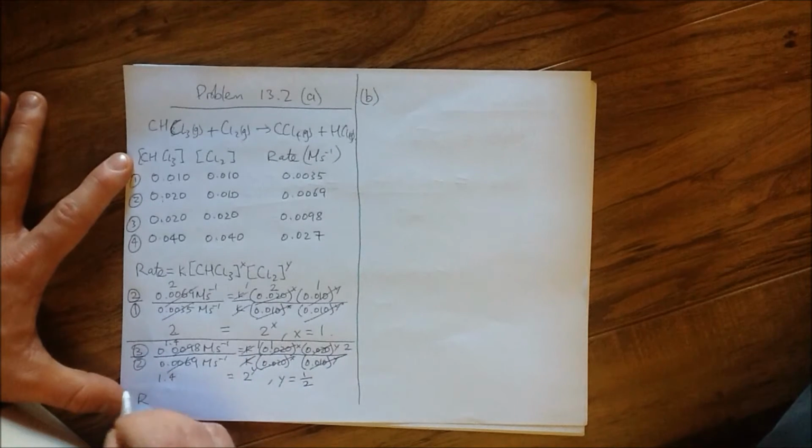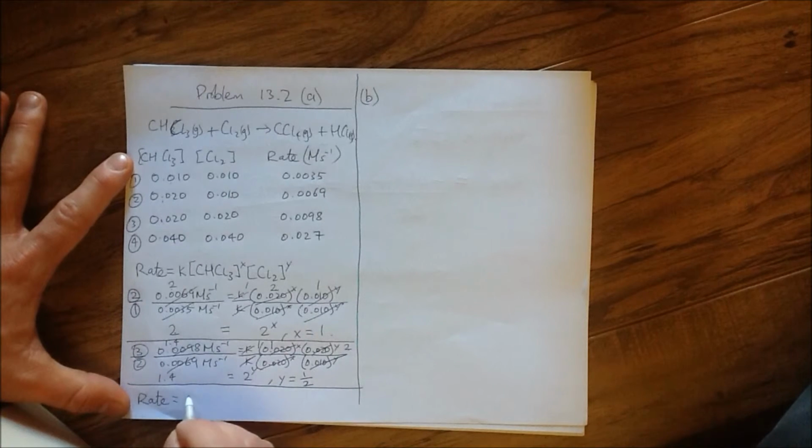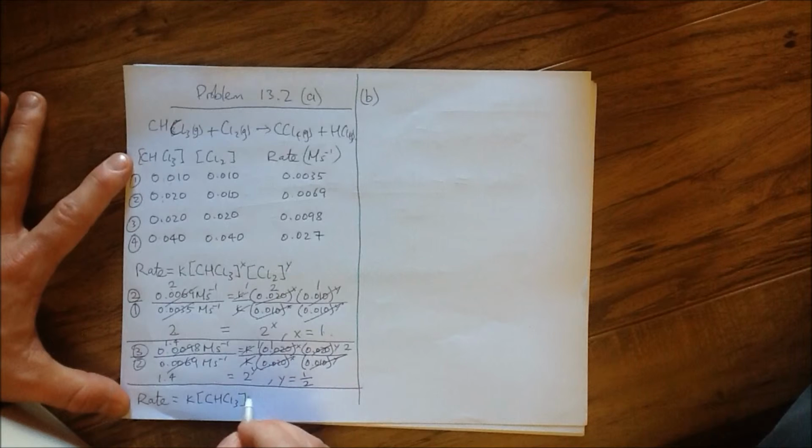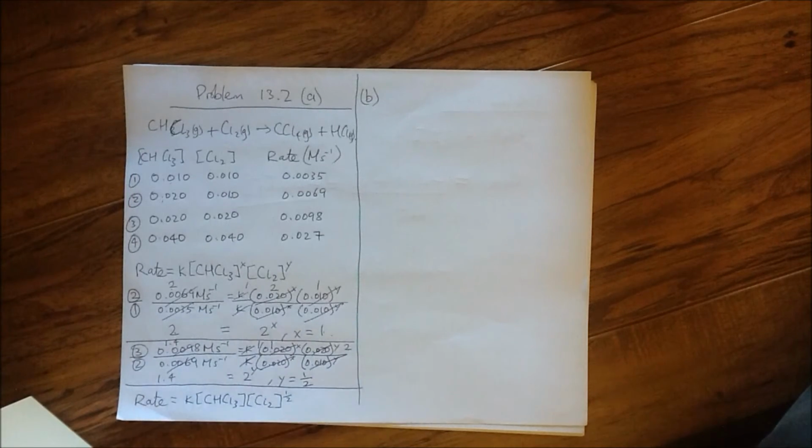So finally we can say that the rate is the rate constant, the concentration of the first reactant to the xth power, where x is 1, multiplied by the concentration of Cl2 to the yth power, where y is a half.